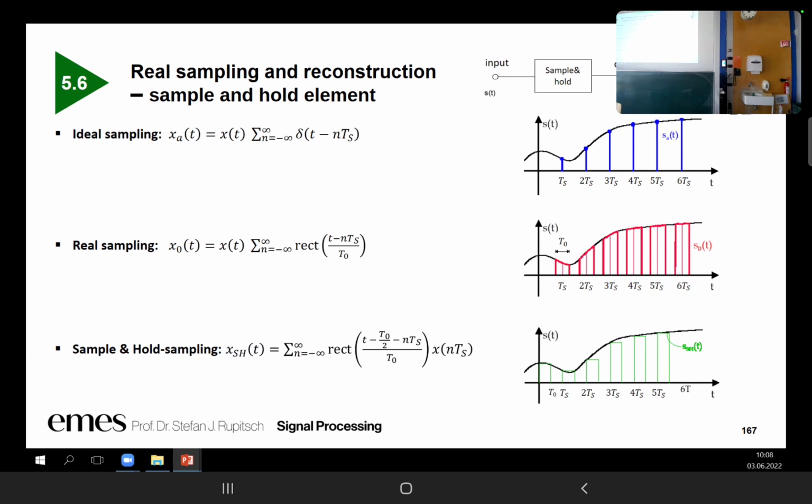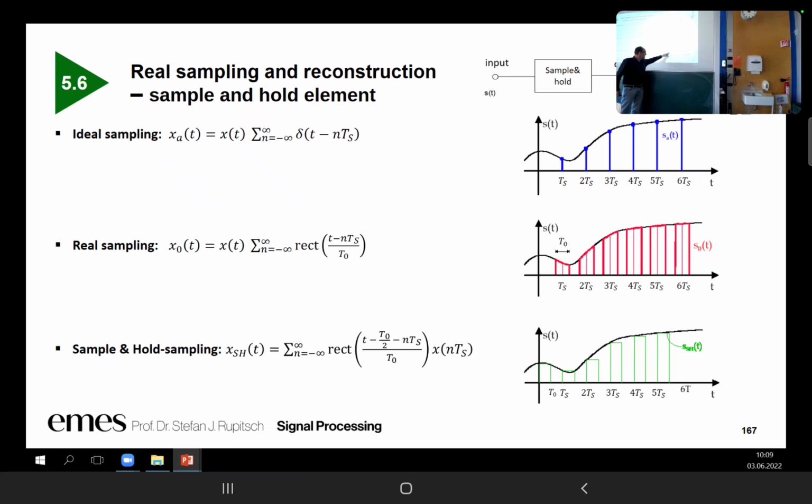And in many cases, we perform a sample and hold procedure where we pick out one value and then this value remains for a certain period of time. Here in this case also t0. And then we go to the next sampling point.